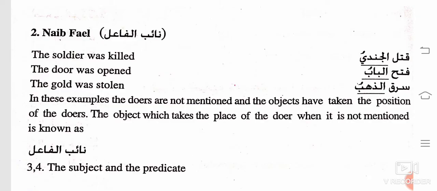Fa'il is not mentioned here. But naib fa'il is there and it is raf'u. What is the naib fa'il? It is bab. Then suriqa al-dhahabu, the gold was stolen. Who stole the gold? It is not mentioned. So the dhahab is raf'u because it is naib fa'il.